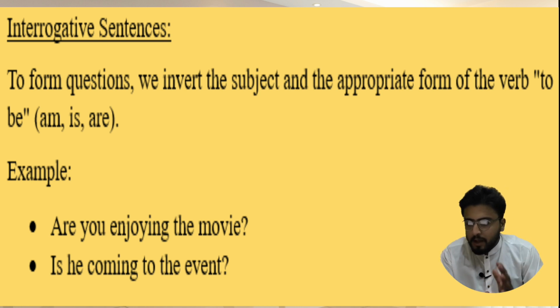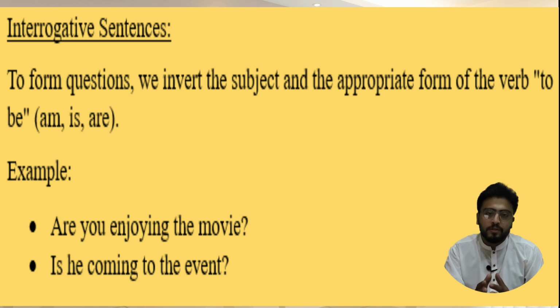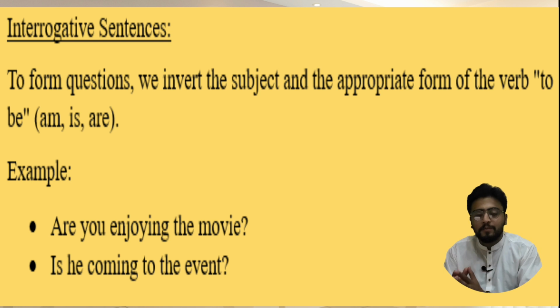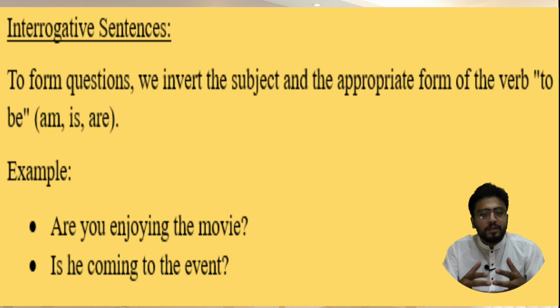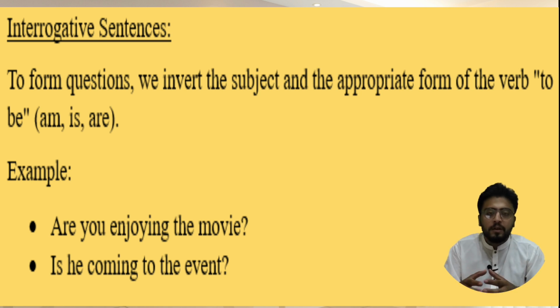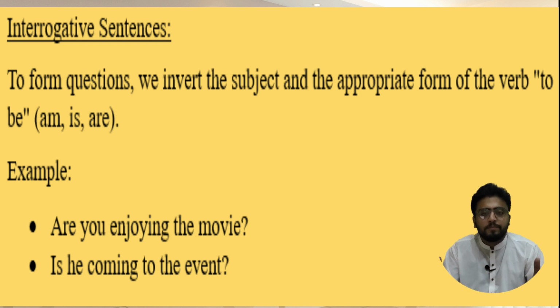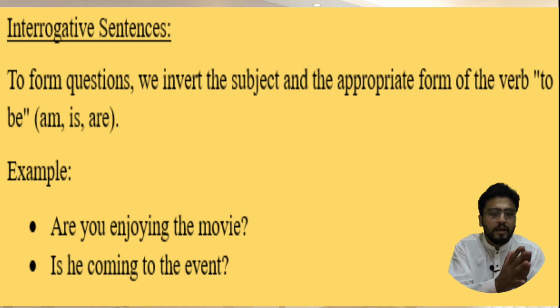Look at the example. Are you enjoying the movie? Are is what? Are is actually be's present form. And later comes what? Later comes the subject. Are you enjoying? Enjoying again is what? Present participle form of the verb enjoy.